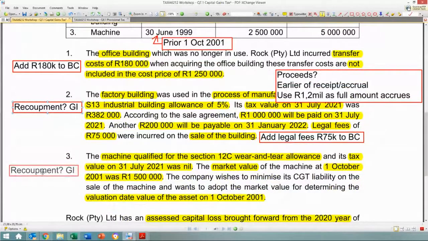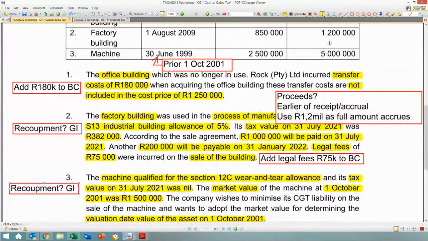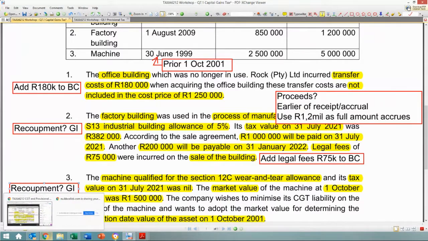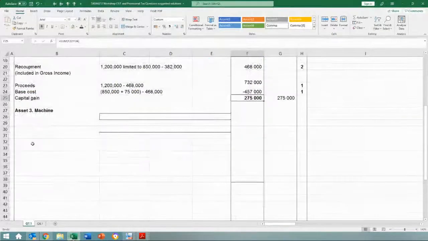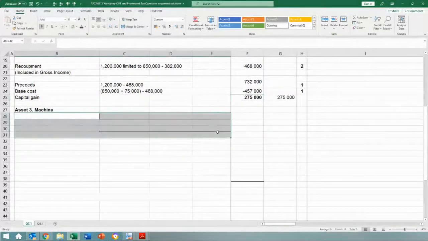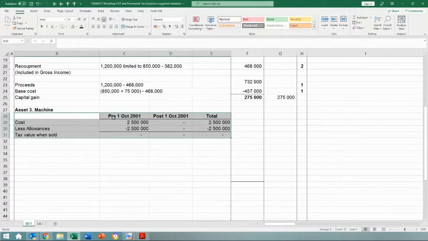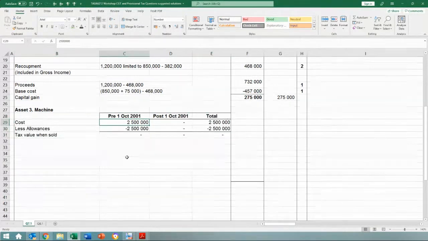So we also have to consider the recoupment based on the Section 12C wear and tear allowance. We would then reduce their proceeds and then work out the 20% of the proceeds on disposal to work out which one of the two is the lower amount to do the calculation. Okay, so the first thing you start off with is we look at what was the pre-October cost.